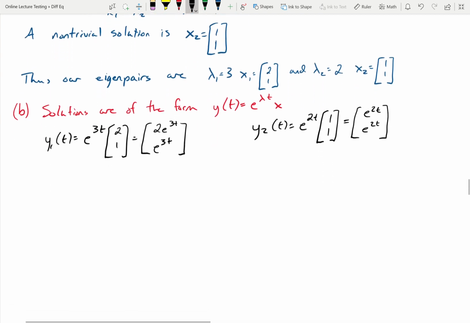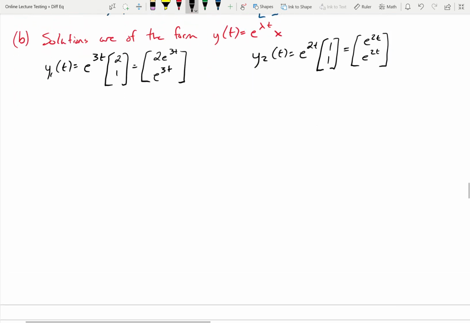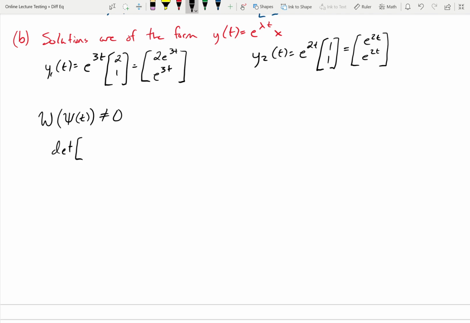All right, the next step here is, does this form a fundamental set? So that means we need the Wronskian of psi to be not equal to 0. All right, so therefore, the determinant of y1, y2, which is equal to 2e to the 3t, e to the 3t, e to the 2t, e to the 2t.